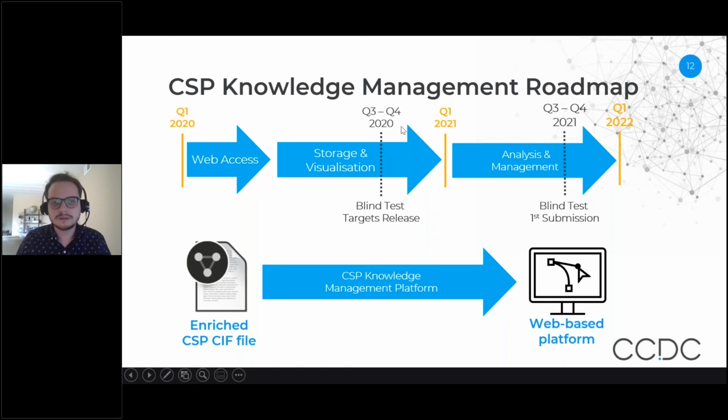And also of note, in late Q3, early Q4 of 2020, so this year, we plan to release the blind test targets.